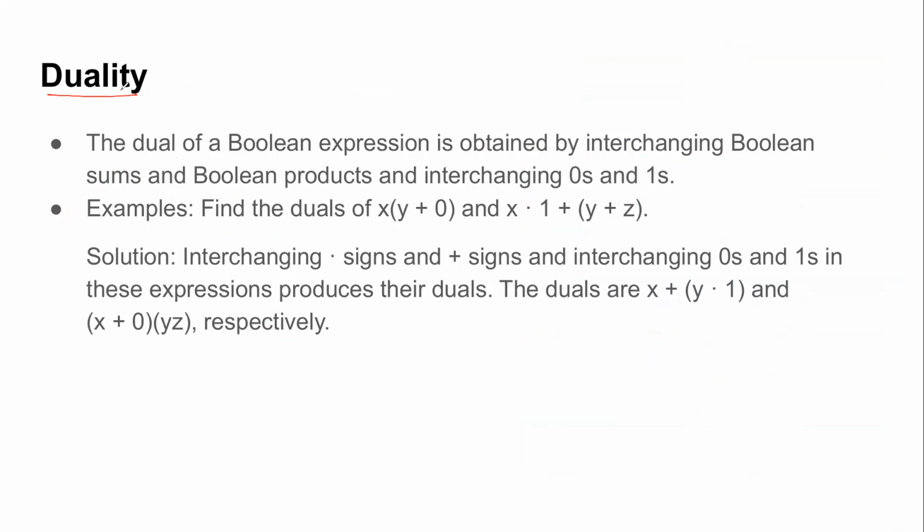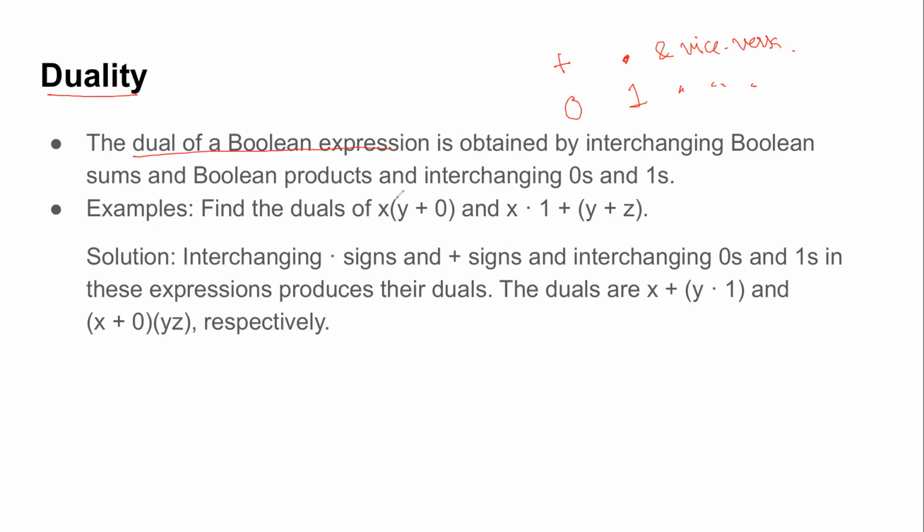It simply tells you that you can take a dual of a Boolean expression by doing some interchange. What are the interchanges? Wherever there is a Boolean sum, you replace it by Boolean product, and vice versa. Both are allowed. And wherever there is a 0, you replace it by 1, and vice versa.